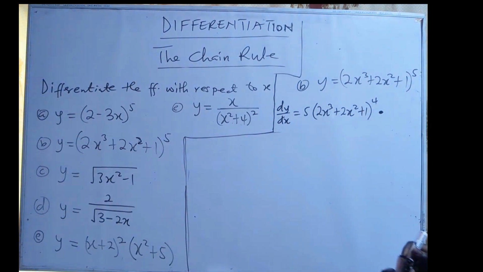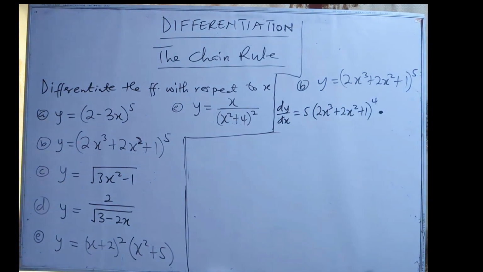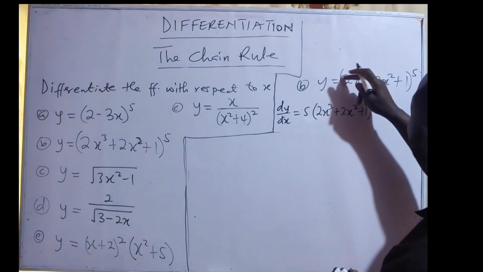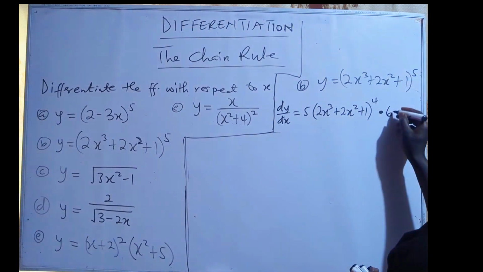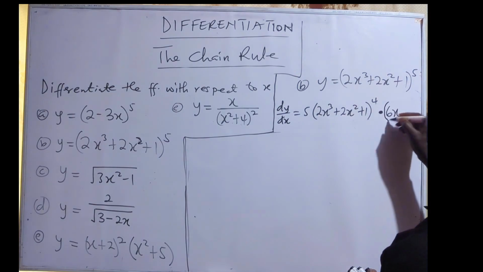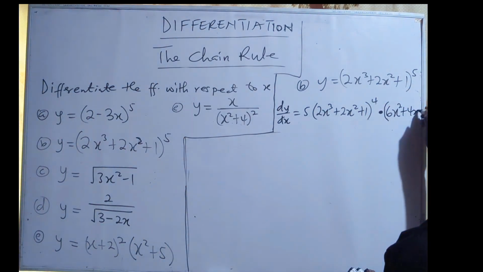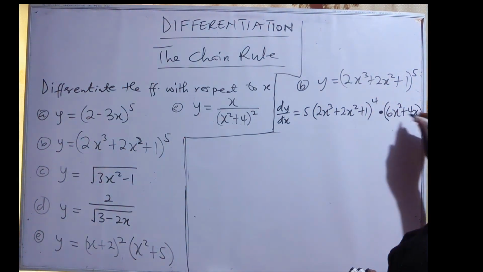Multiply by, then I'll differentiate whatever is in the bracket here. So 2x cubed will give me what? 2 times 3, 6x squared. Then this one will be plus 4x. This one is 0.